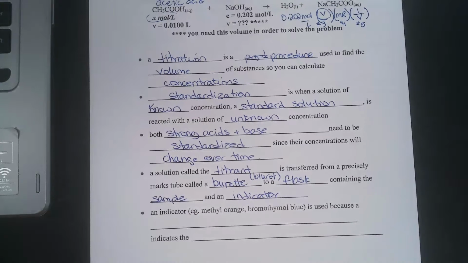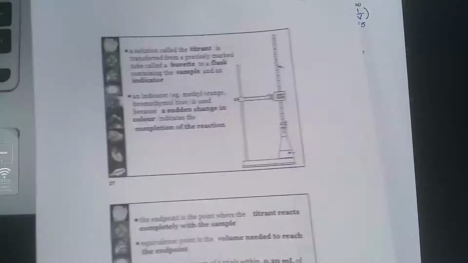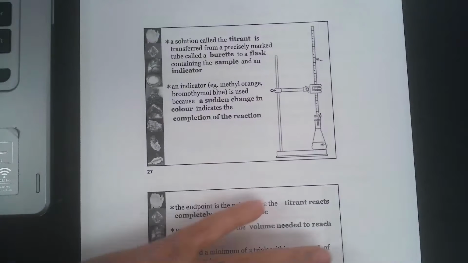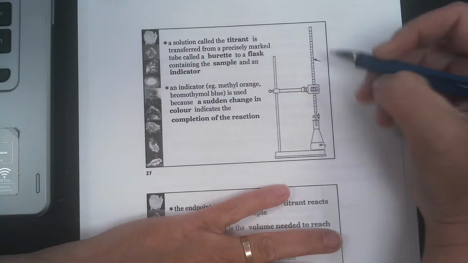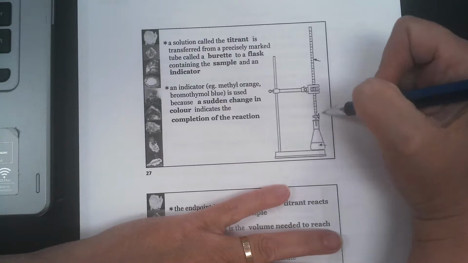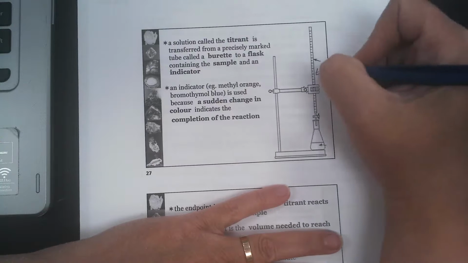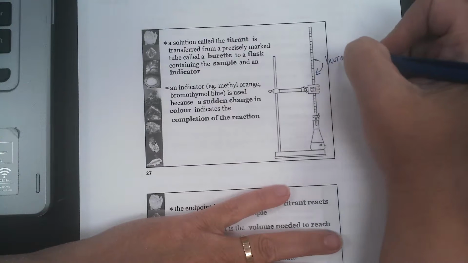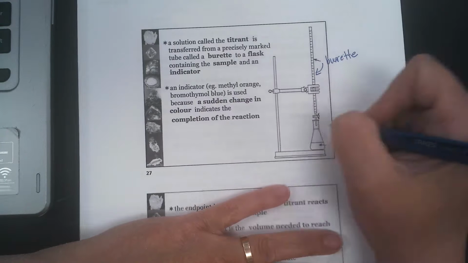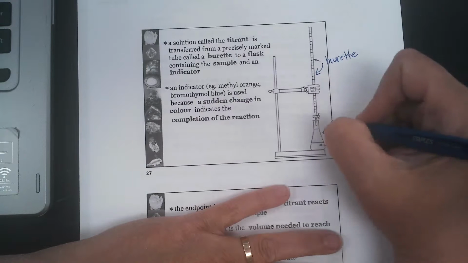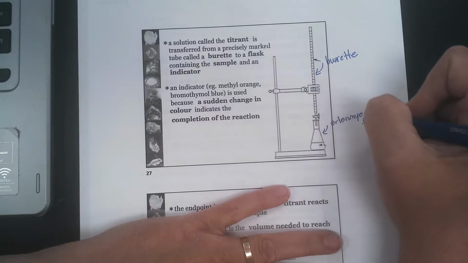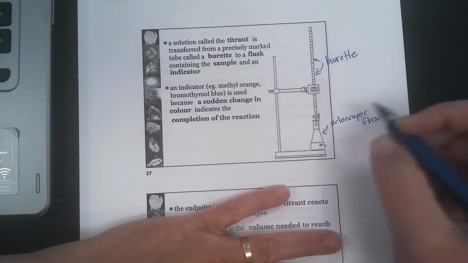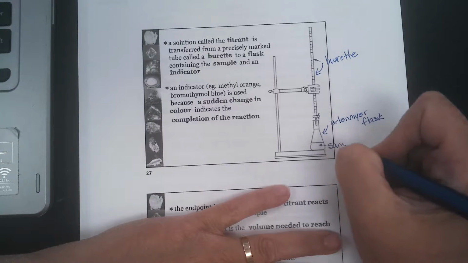I'm going to show you a picture here. So this long tube with graduated markings and this, what we call a stopcock at the bottom, is our burette. Oops, still spelled it wrong. And this part here is what we call an Erlenmeyer flask. And our sample goes in here.